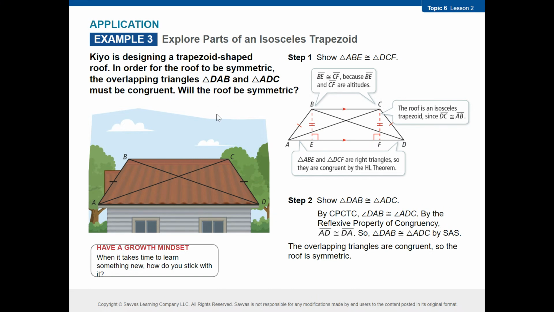So again, we're still applying these properties that we've learned before about triangle congruency. We're trying to show that these two are congruent, and it doesn't take long to do that. If this is isosceles, you know that these two legs are going to be congruent, along with this angle, and this angle is also going to be congruent. And we're talking ABE.